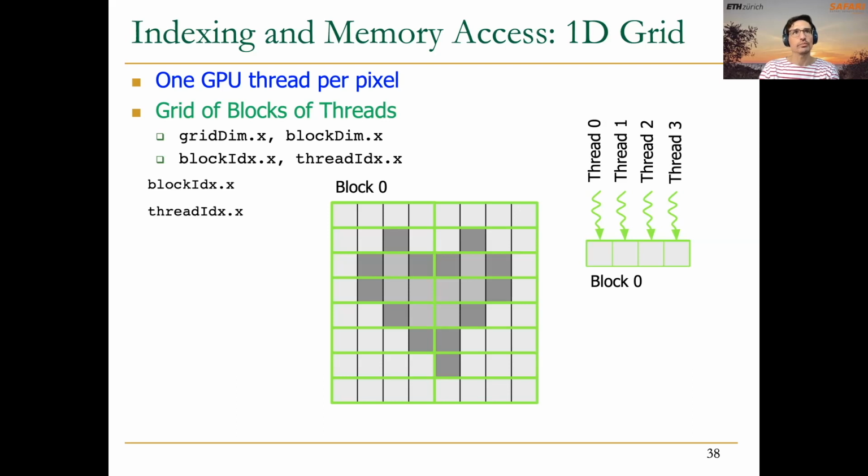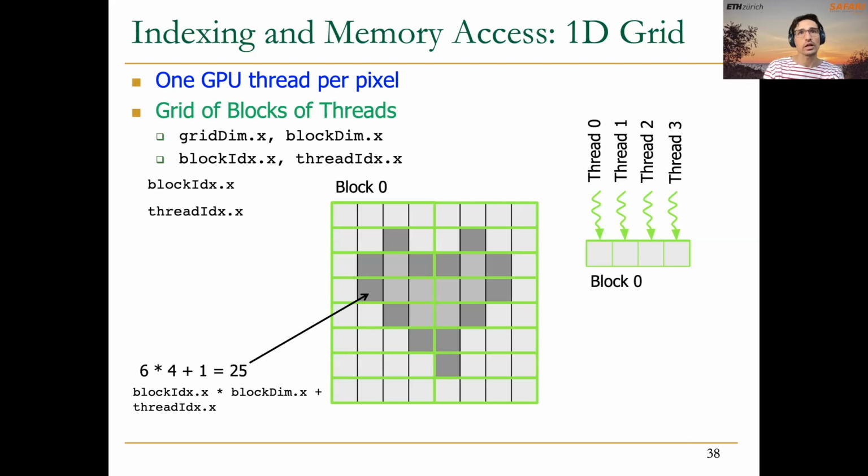assigned to block 0. If we want to know exactly which pixel we are accessing with one specific thread from one specific thread block, we need to know the block index, the block dimension, and the thread index. For example, this pixel here would be assigned to a particular thread. This particular thread is going to be thread 1 in block 6. Actually, this is block 0, 1, 2, 3, 4, 5, so this is block 6.